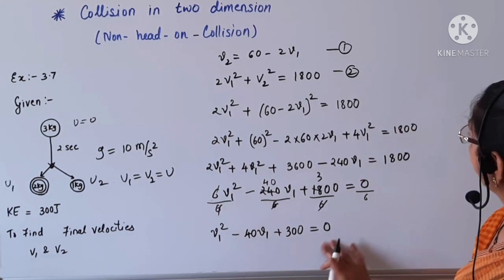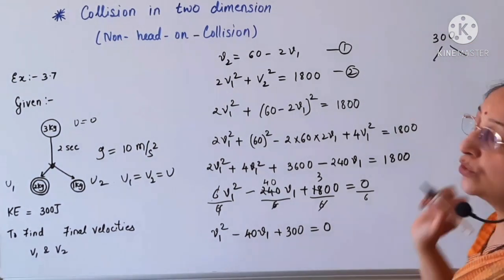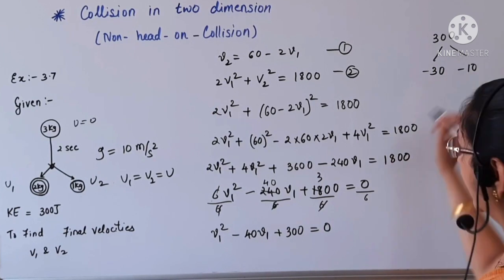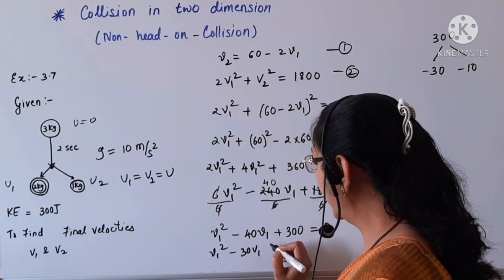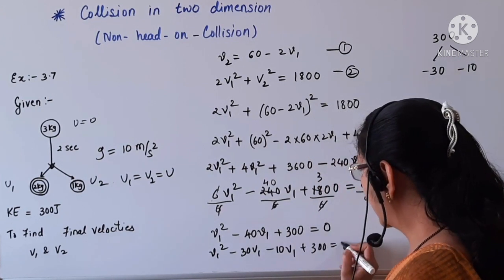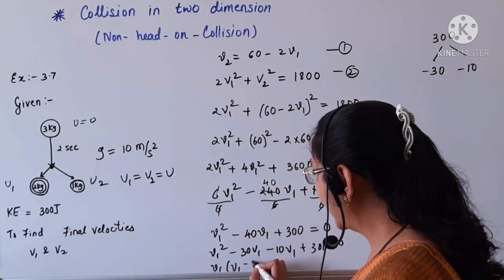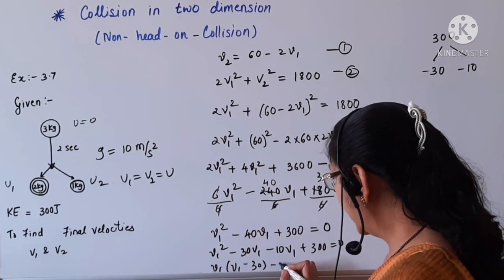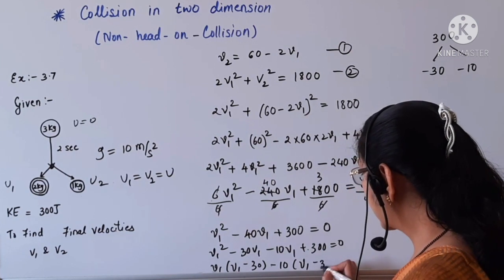So now we break this 300 into two parts, minus 30 and minus 10. So here we can write v1 square minus 30 v1 minus 10 v1 plus 300 is equal to 0. So here v1 we take in bracket, v1 minus 30; this again minus 10 I take in bracket, v1 minus 30.